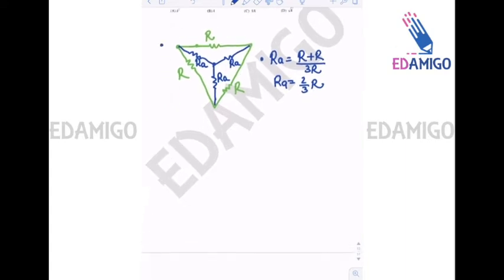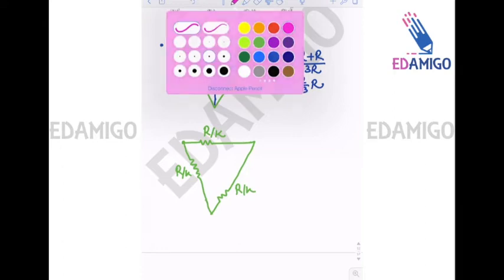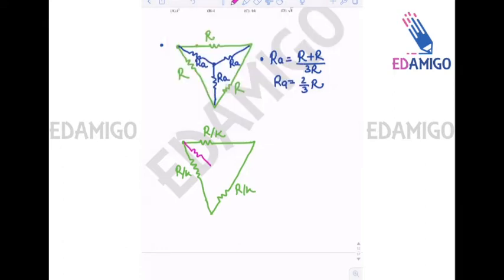Now let us scale the resistances by factor k. Now the star will be, let us say again it is RB, they will be of the same value.